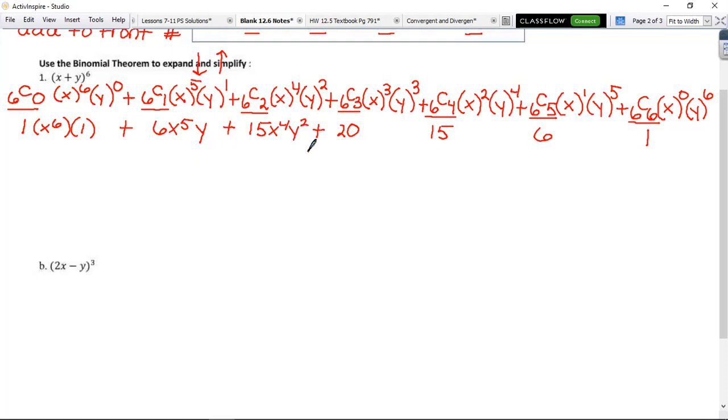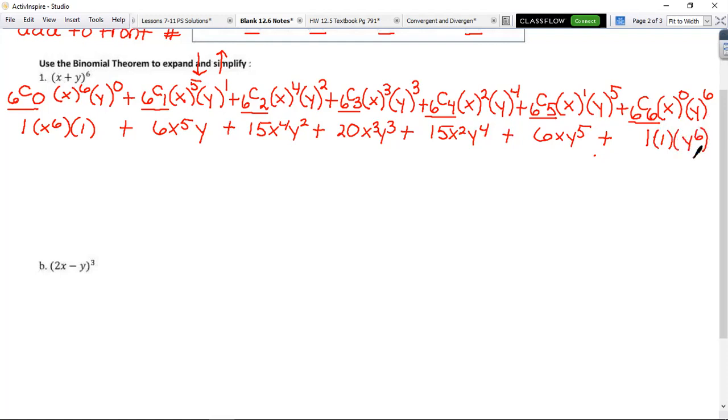Next one, x cubed, y to the 3rd. Nothing I have to do special to that one. This gives me x squared y to the 4th. This gives me xy to the 5th. And then lastly, x to the 0 gets replaced with a 1 instead, and then y to the 6th.